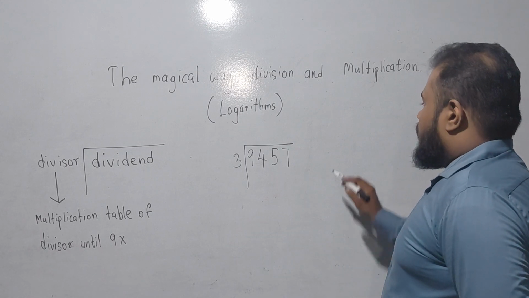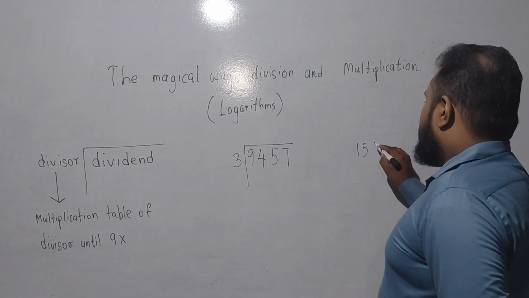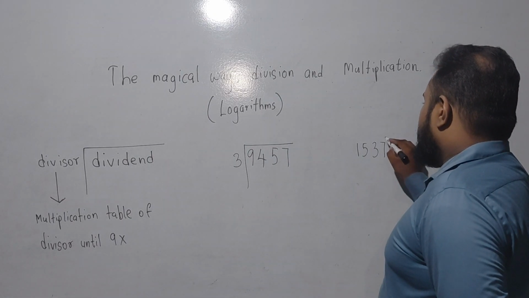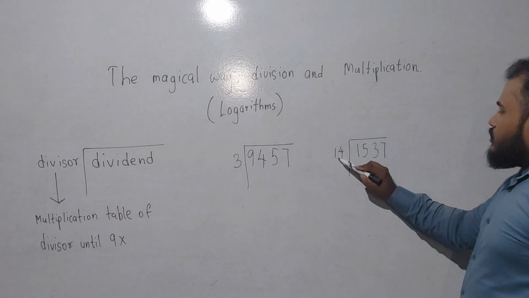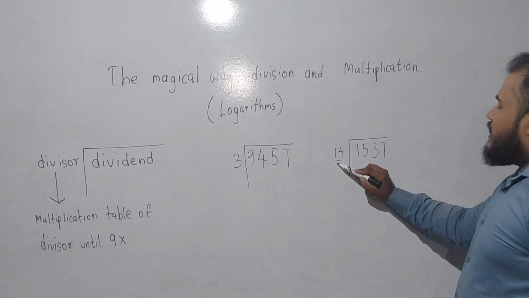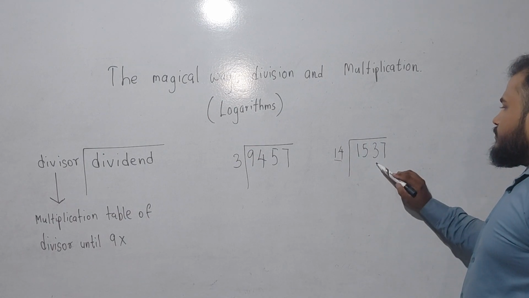Okay. Think you need to divide 1537 by 14. Now you need to know the 14 times table until 14 times 9 to divide this easily.